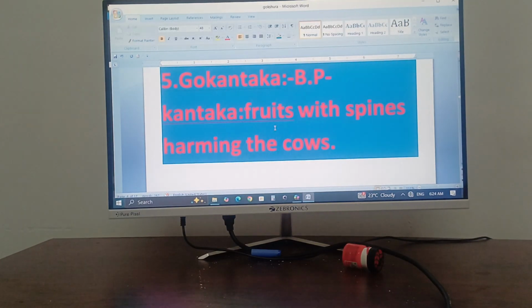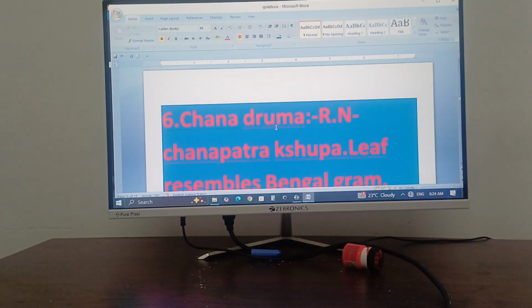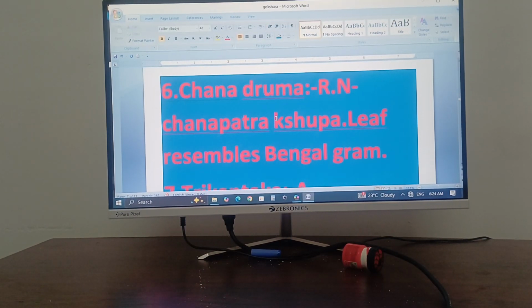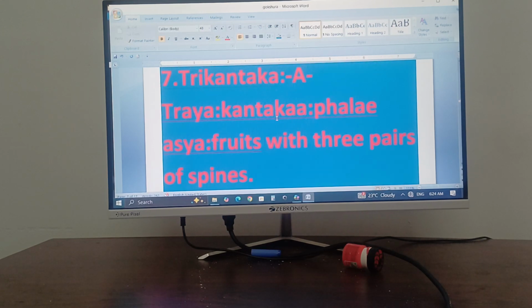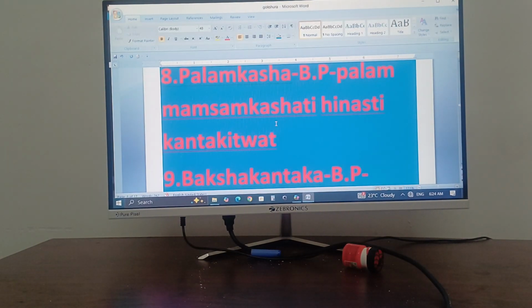Now Gokantaka: the fruits with spines resemble the hoofs of the cow. Then Chanadrama: the leaf resembles the Bengal gram leaf. Trikantaka: fruits with 3 pairs of spines. Trayah kantakah phale asya. Palankasha. What is Palankasha?